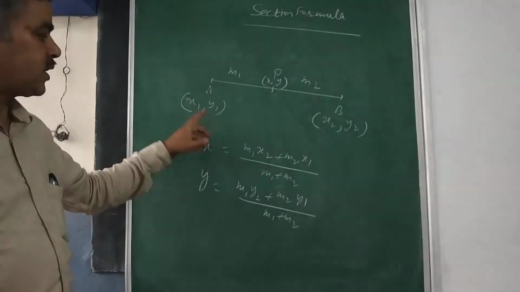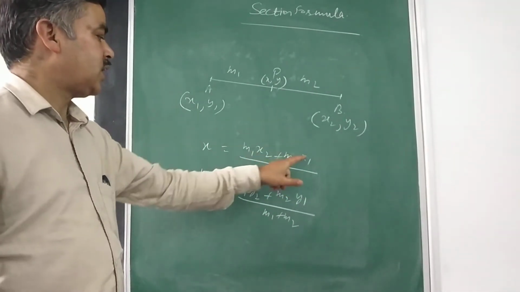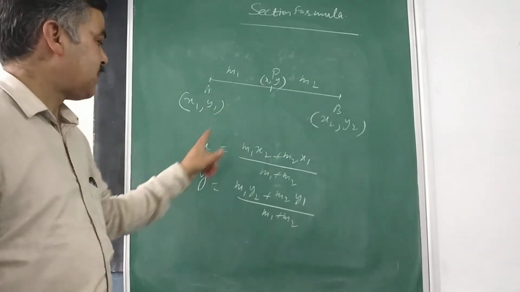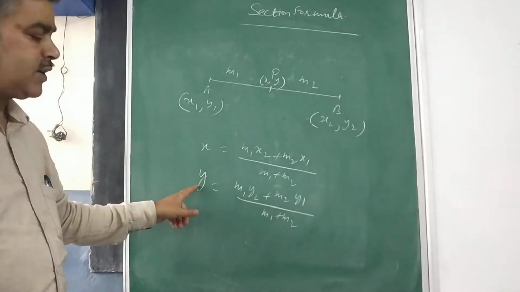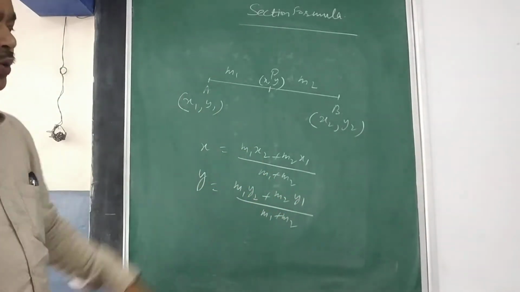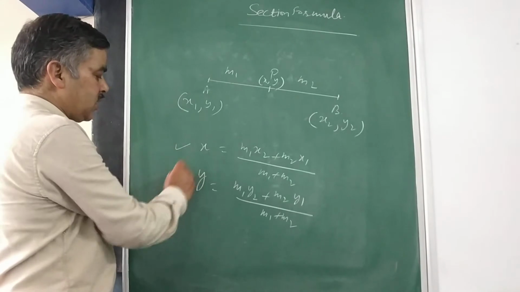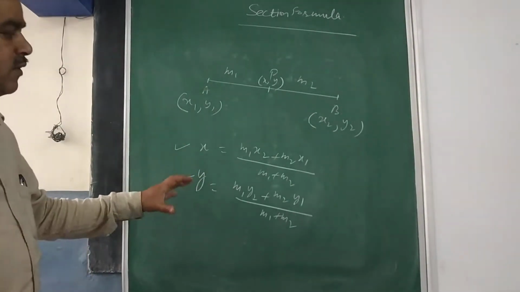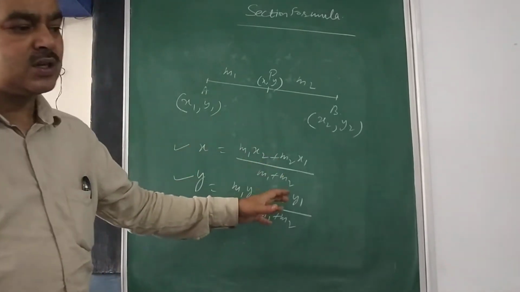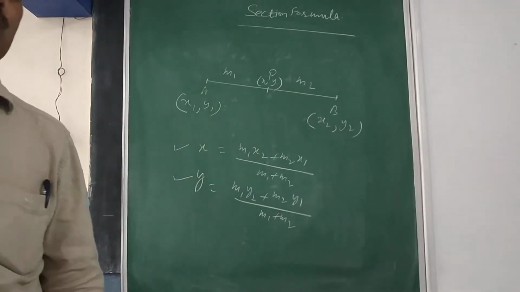When I am talking about x, I speak about the x part only: x1, x2, m1, m2, and x I am determining. Then if I need to determine y, I use y terms only and m1 and m2. This formula to find the value of x and y, when I am using it, is called the section formula.